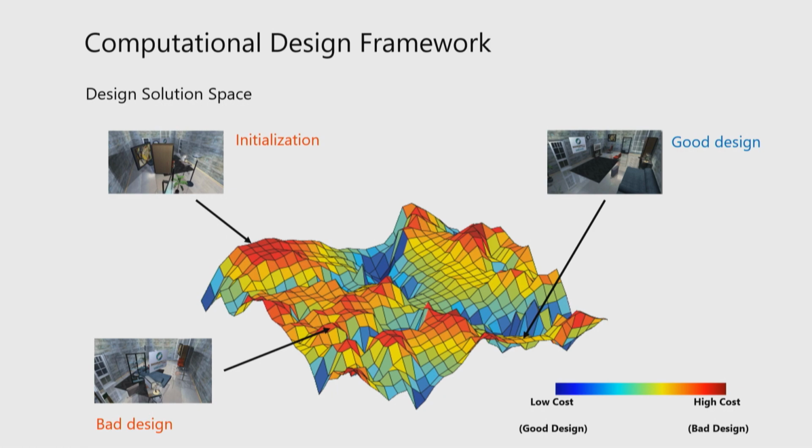Based on the mathematical definition, you are defining a design space, and this design space has values, right? If you are talking about a minimization problem, the high areas correspond to high costs, which means they are not good with regard to the criteria that you define.